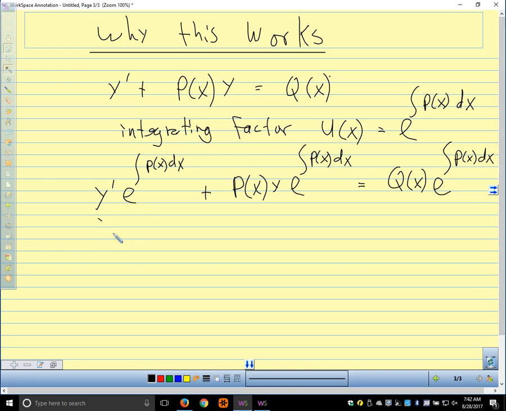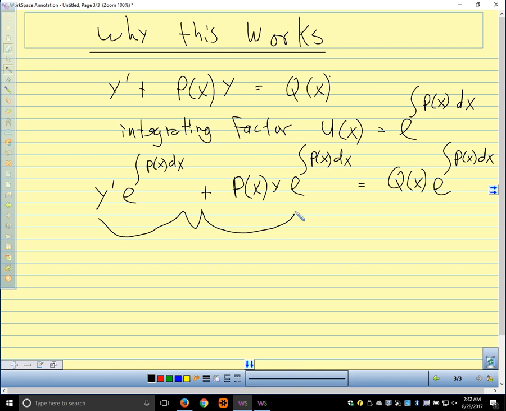All right, let's look at this quantity. What's the derivative of e to the integral of p of x dx? We need the chain rule, right?